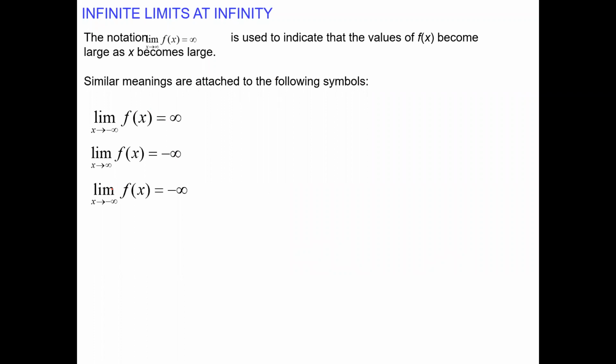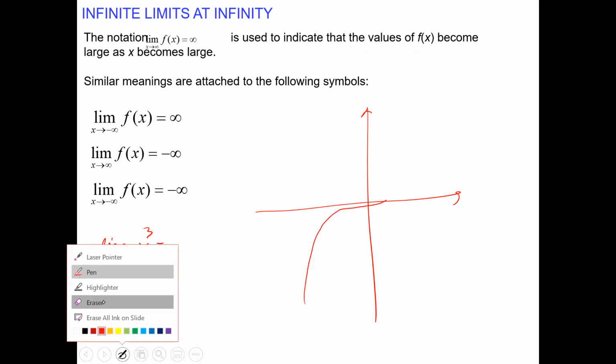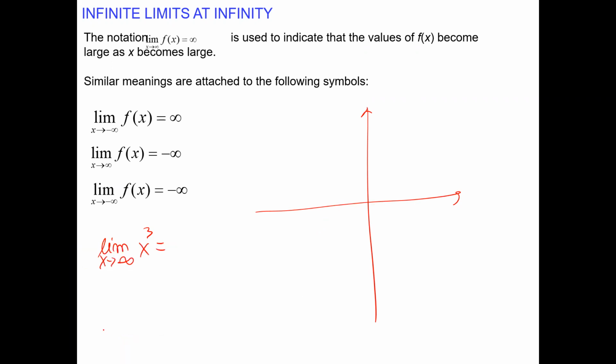Also, we may try to compute the limits at infinity of a certain function and actually get infinity. We will call these infinite limits at infinity. And one of the basic functions are the polynomials. Let's say x cubed. As x is big, the values of x cubed are getting big.